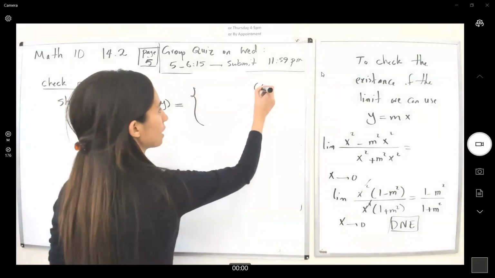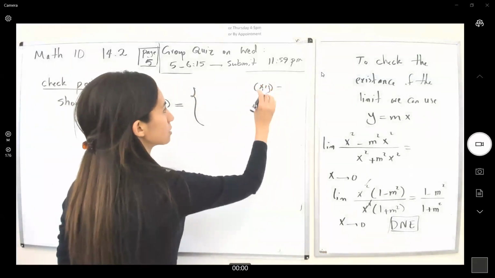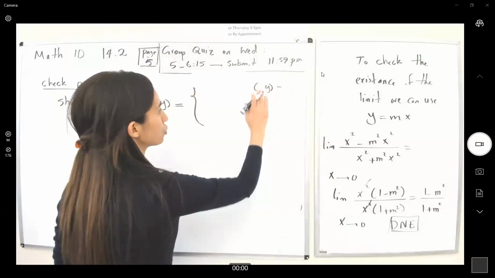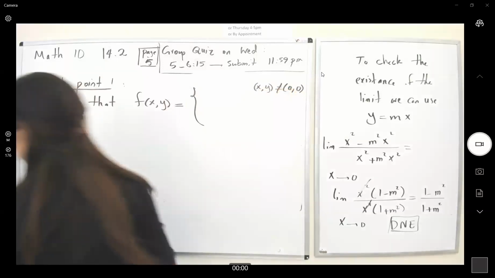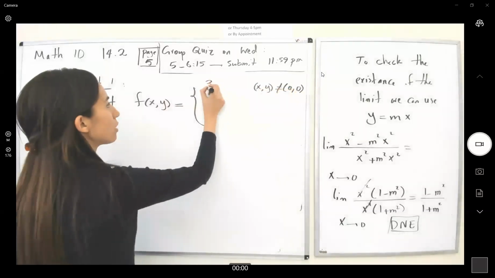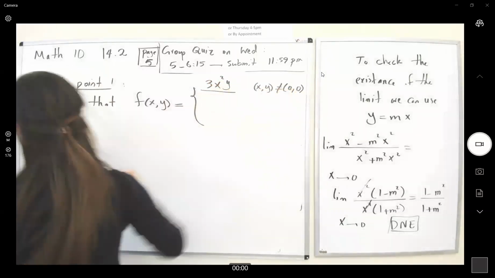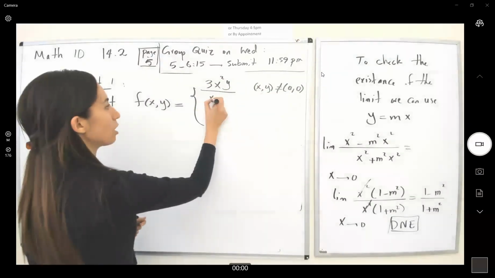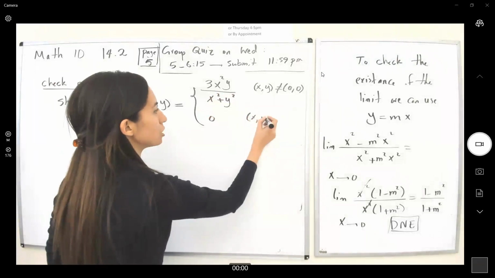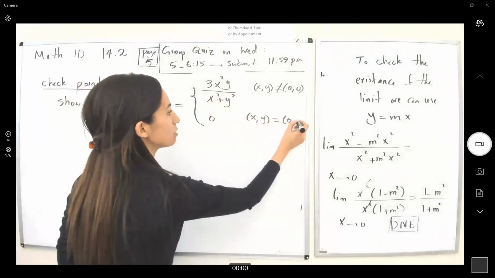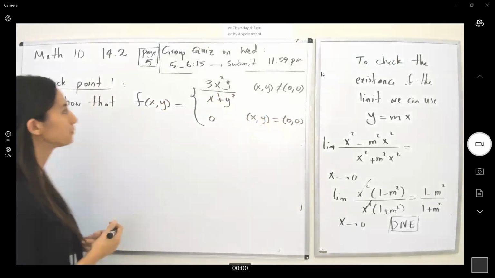So for (x, y) not the origin, you have 3x squared y divided by x squared plus y squared, and at the origin, you define the function to be 0. There you go.